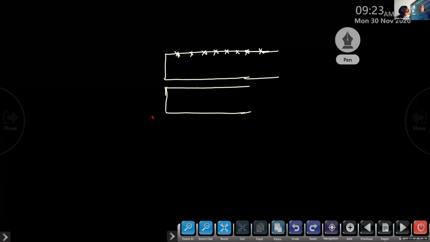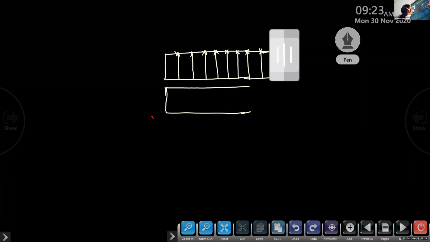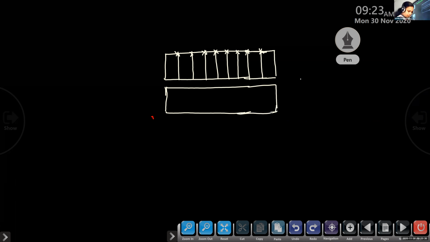So here we have 1, 2, 3, 4, 5, 6, 7, 8, then we have 9 parts. Same size, you have to make 7 by 9. So you have to shade 7 parts out of 9 total parts.